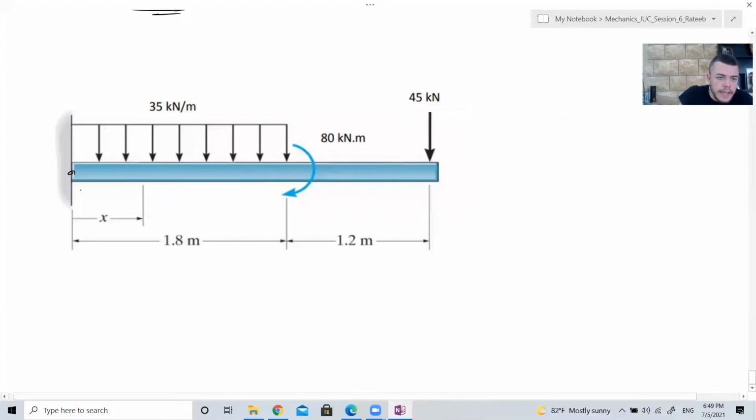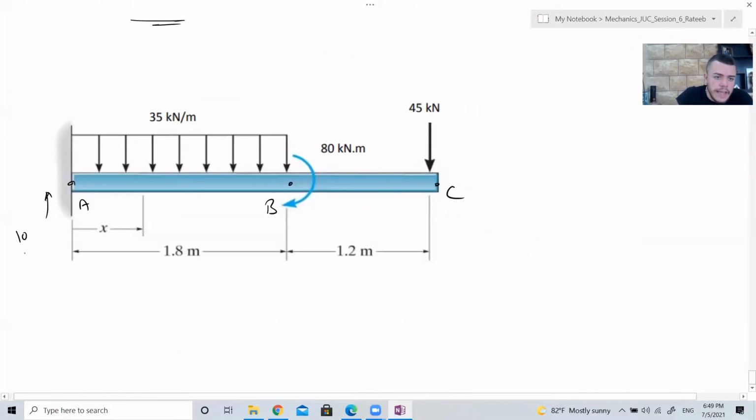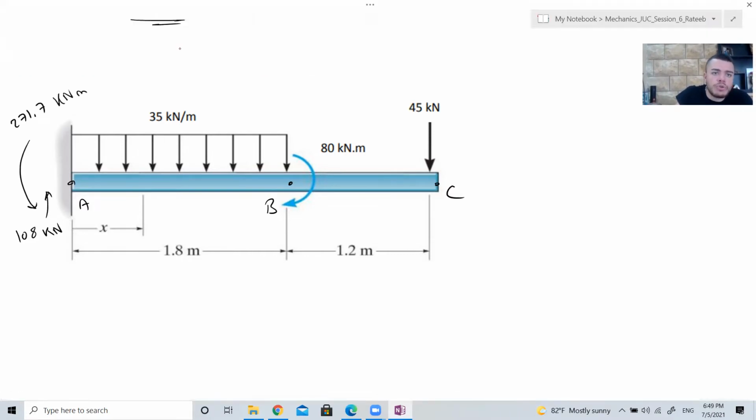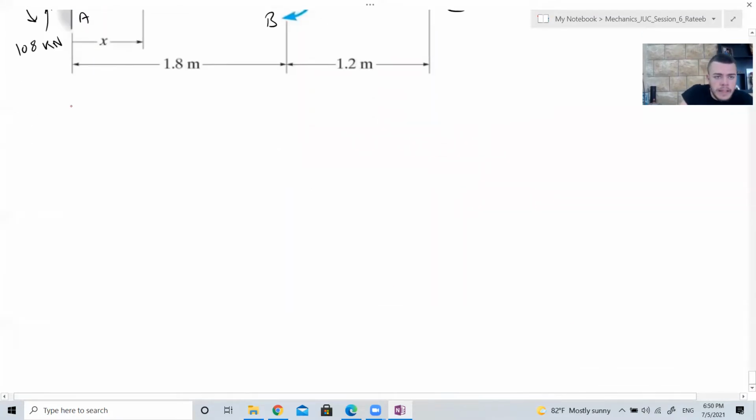This is point A, this is point B, this is point C. You have here 108 kN and here 271.7 kN·m. Now we are going to draw the shear and the bending diagram.